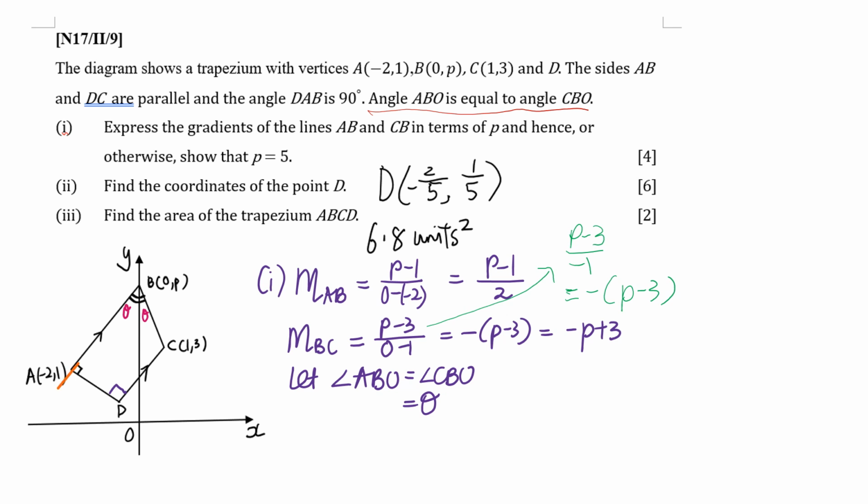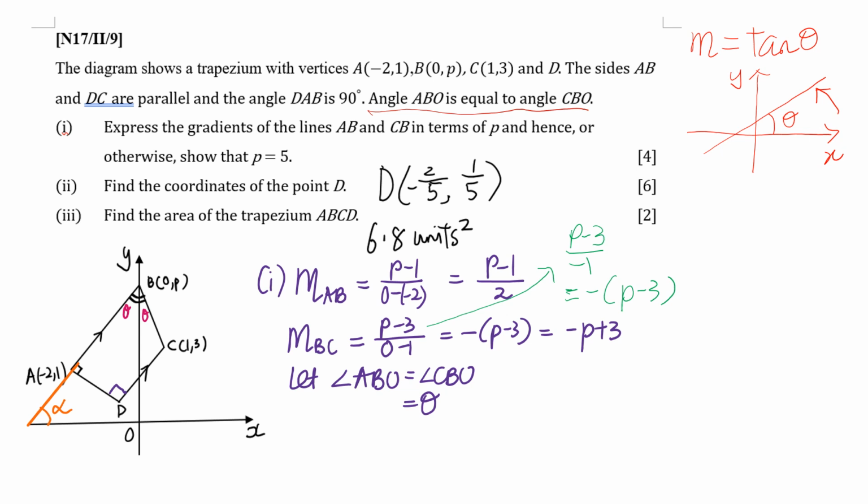The next thing is I'm going to extend the line BA to touch the x-axis. I'm going to call that angle alpha, because what I'm going to use is the concept that we have learned earlier, that the gradient of a line segment is equal to tangent theta, and theta is the angle that the line makes with the x-axis, measured in the anti-clockwise direction.